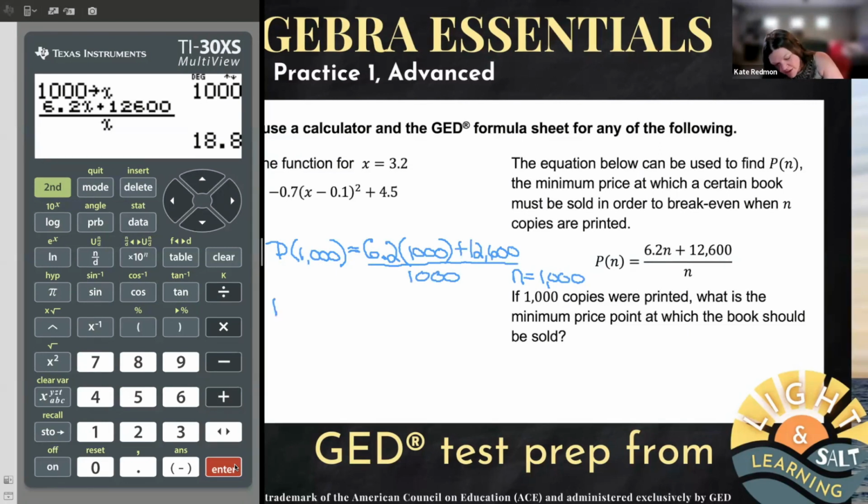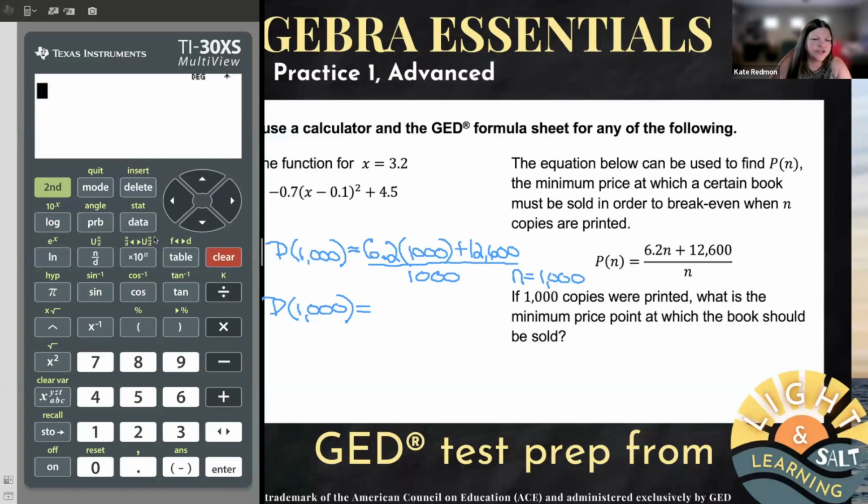And then P of 1,000, remember, it's not math to do, it's function notation. It says the function value when n is 1,000. And then this math up top, like seriously, we can plug this whole thing into our calculator for sure. No matter what calculator you have in your college class, it should be able to do this.